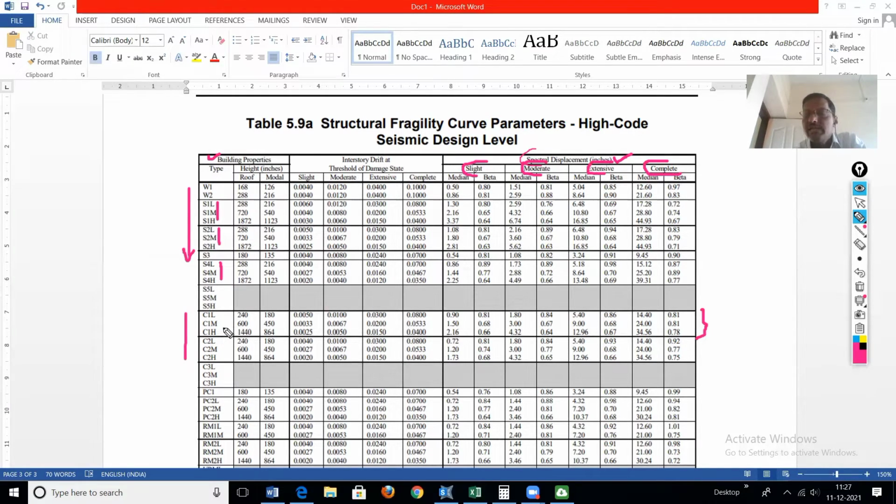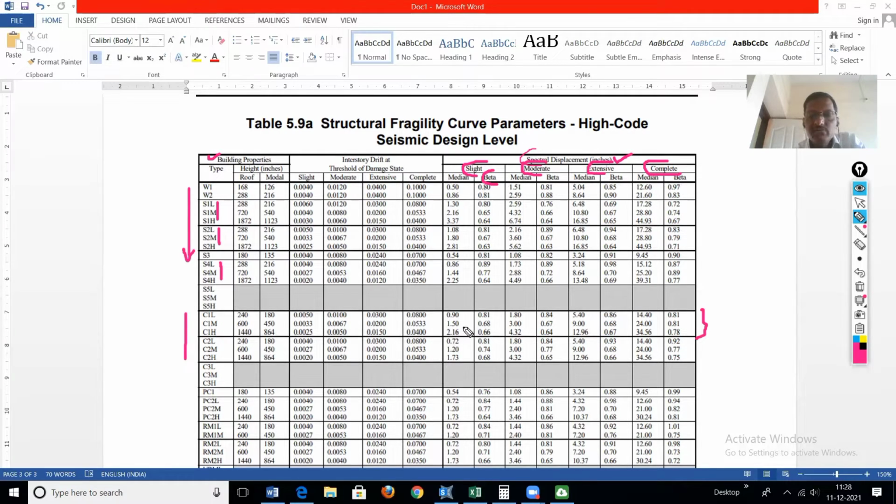Now our building is, say, a medium category. We will call it a medium category, even though it is a 4-story building, just to demonstrate. I will consider this as medium height. So if it is medium height, what is the value for beta? Refer to the beta value, because the median value we have already calculated from the pushover analysis.